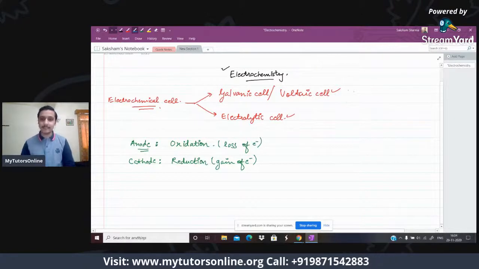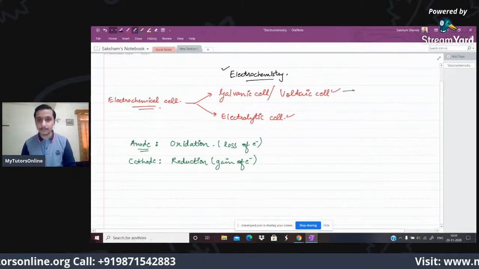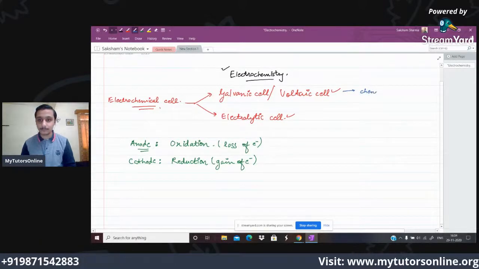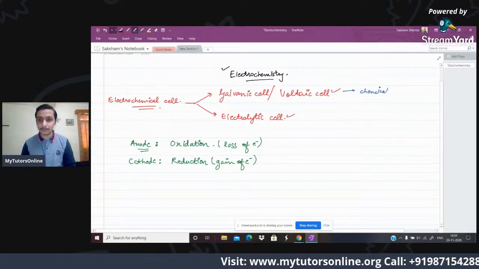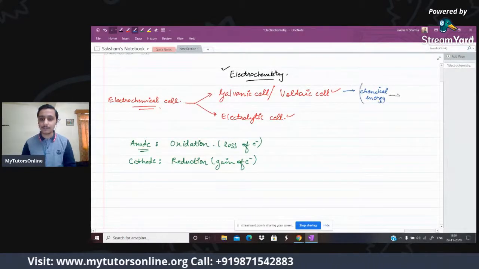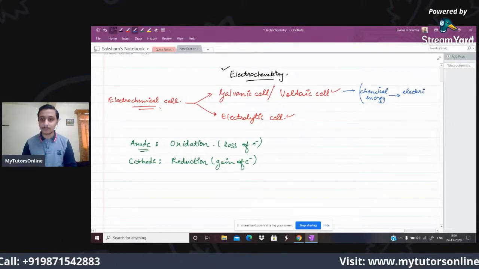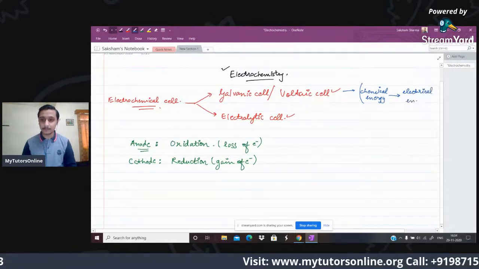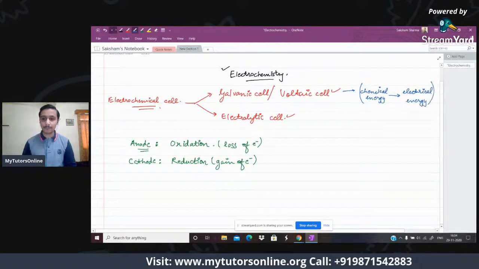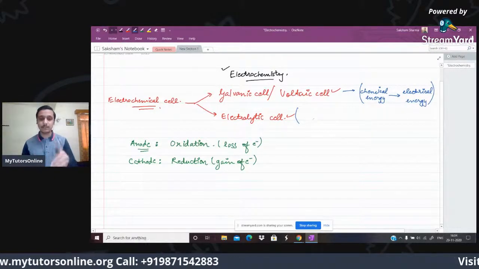Now, talking about electrochemical cells, what exactly is the purpose of a galvanic cell? Our galvanic cell converts chemical energy into electrical energy. Now, the electrolytic cell works the opposite way.